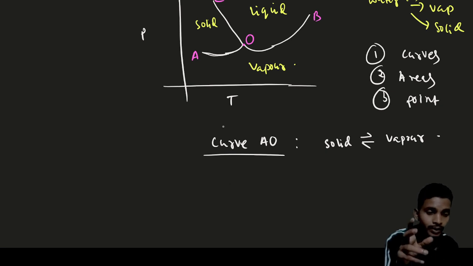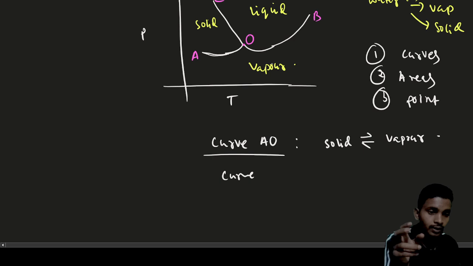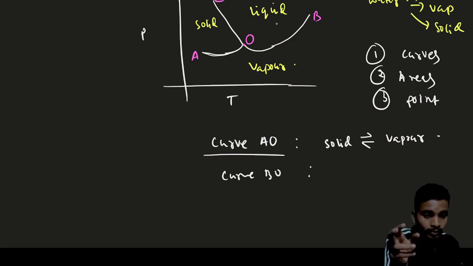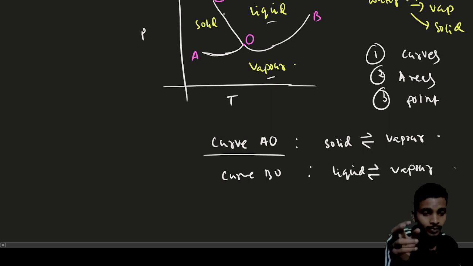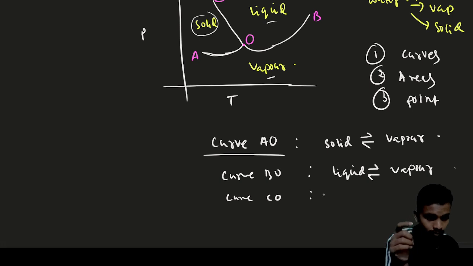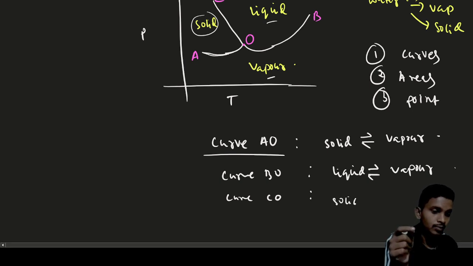Similarly, curve BO: above is liquid, below is vapor, so liquid and vapor are in equilibrium. Similarly, curve CO: one side is solid and the other side is liquid, so solid and liquid are in equilibrium.